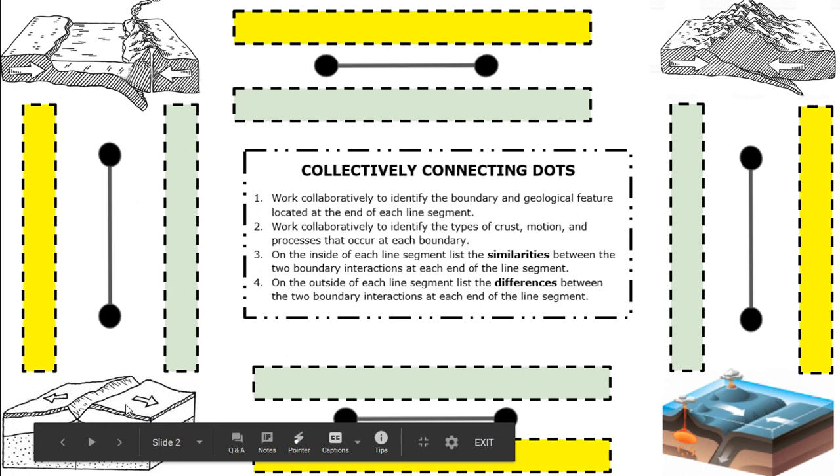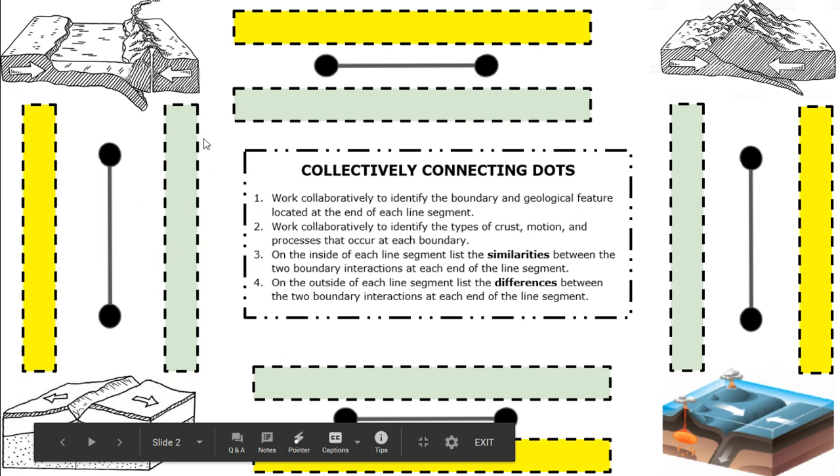Here we have arrows moving away from each other, so that would be a divergent boundary because they're breaking apart. And it depends on what type of crusts are involved. If this is continental, we're going to get a rift valley. If it's oceanic, you're going to get a mid-ocean ridge.